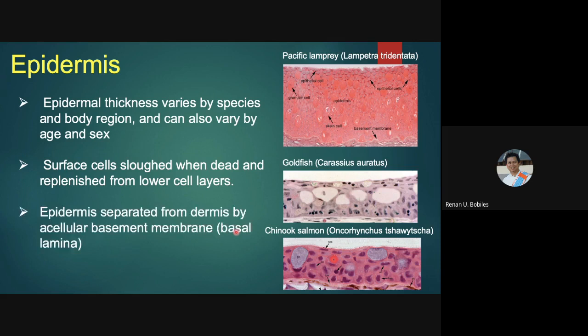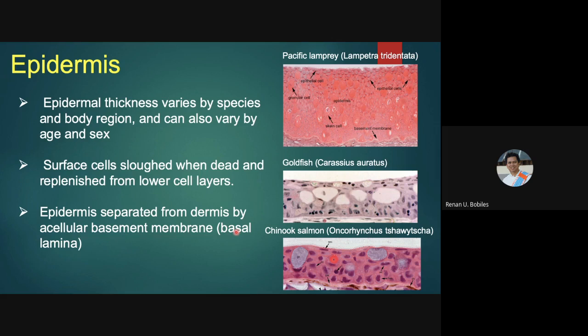And another thing is, the epidermis is separated from the dermis by an acellular basement membrane known as the basal lamina. Okay? Basal lamina.